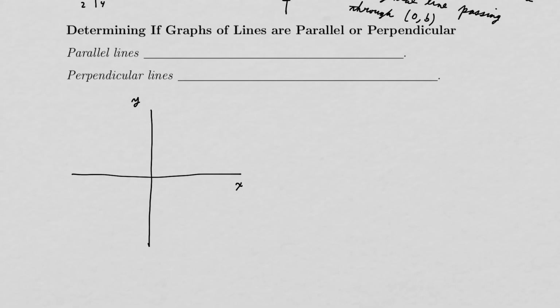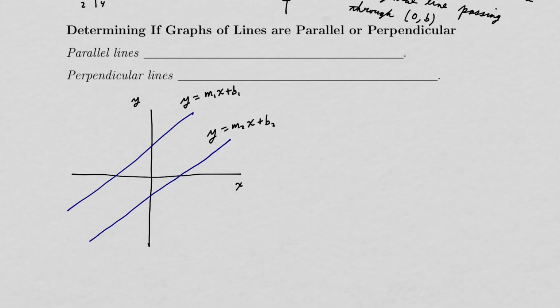I have a line like this and a line like this. So this one has the equation y equals m1 x plus b1, where m1 is the slope. And this one has the form y equals m2 x plus b2. So if 2 lines are parallel, that means they never intersect.